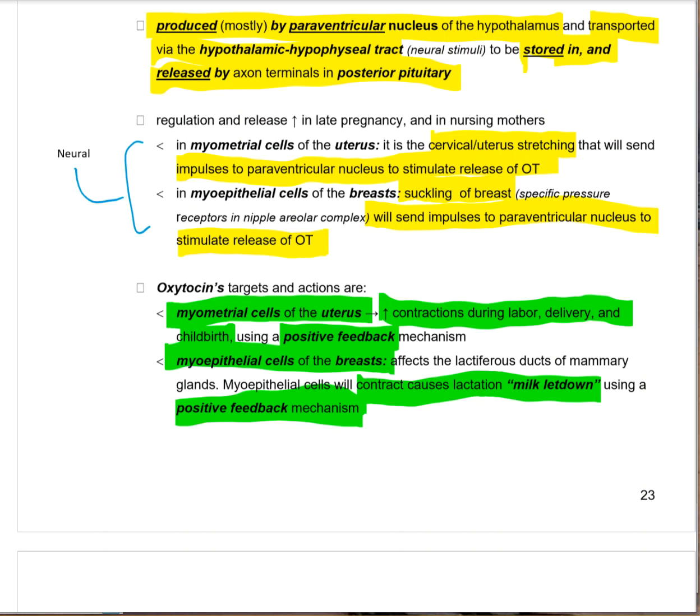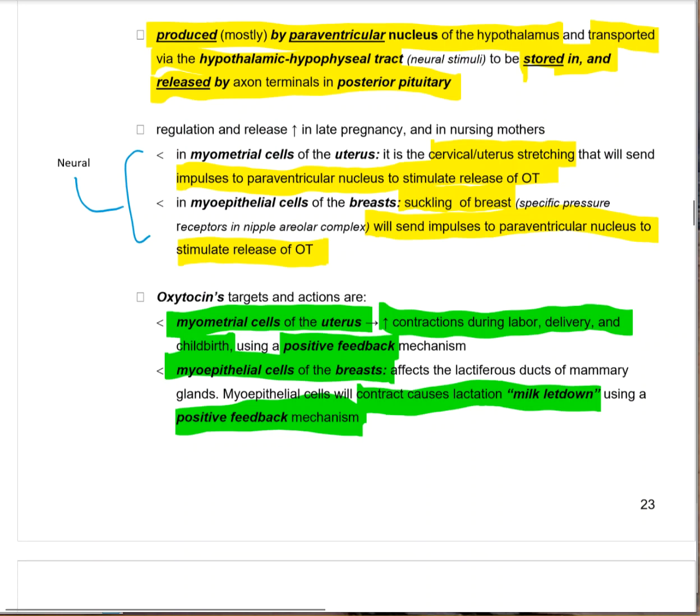So now remember, prolactin produced the milk, and if there's milk there, then oxytocin will cause the milk to be released and the child receive nourishment, right? So prolactin and oxytocin will work together to make the milk, produce the milk, and then release the milk.